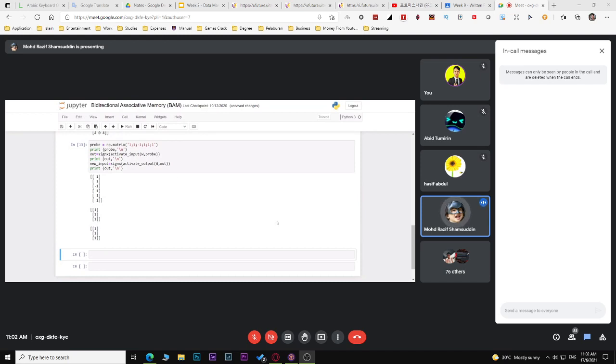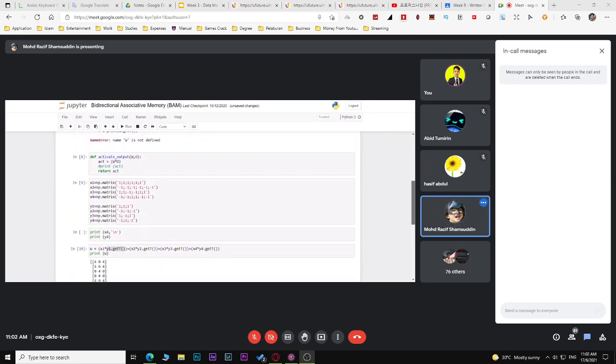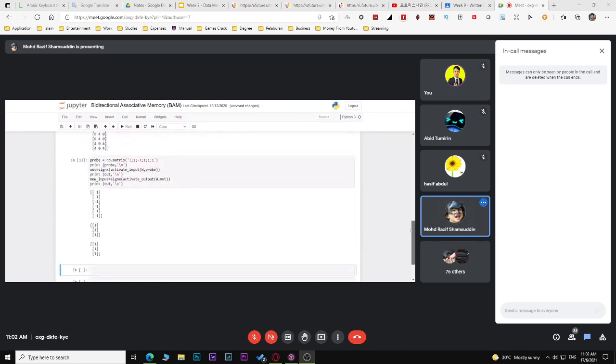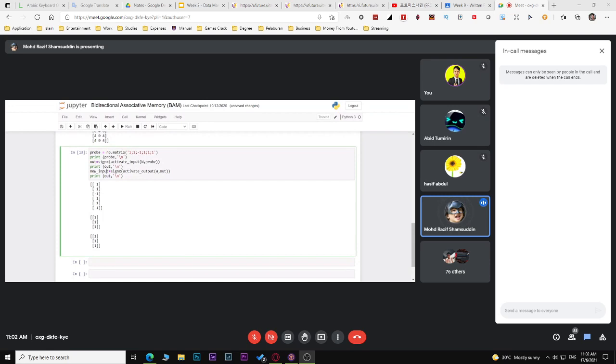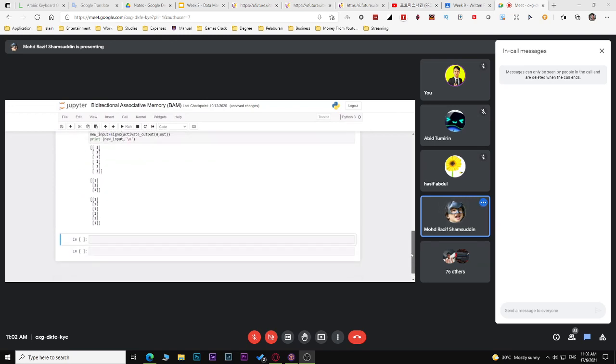Oh, print ni print out lah, print new input. So dia jadi ini ke output, output ke input, dia jadi macam ni balik.